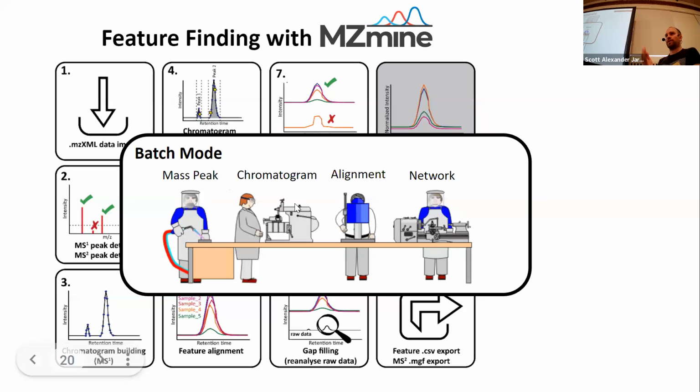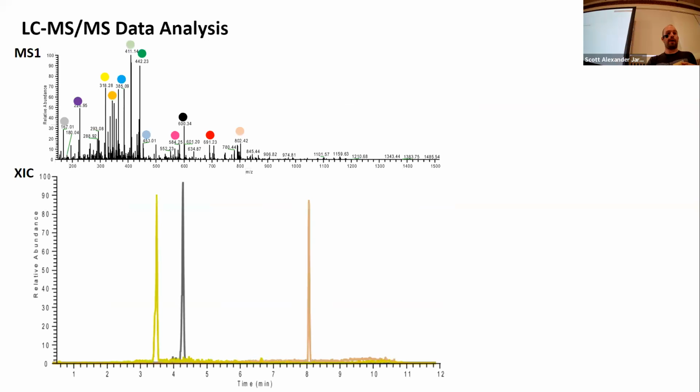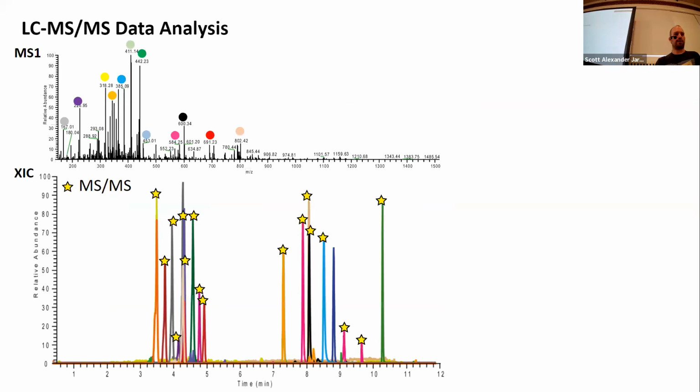But at the end, the most important thing is that it generated extracted ion chromatograms from the MS1 scans of your DDA LC-MS data, and then at one point linked the MS2 information to each of those MS1 chromatograms, right? Here again indicated through the stars. And this is what feature-based molecular networking builds up to.